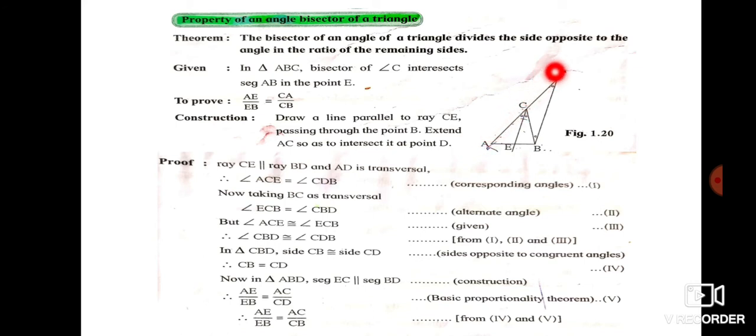But we saw that CD is congruent to CB. So, we say again, AE upon EB is equal to AC upon CB. We are replacing CD by CB, and so we have proved this. AE upon EB is equal to CA upon CB. So this proves the property of the angle bisector of a triangle.